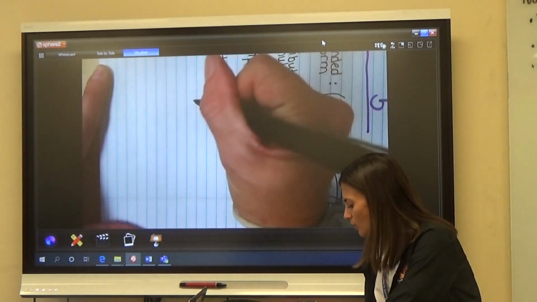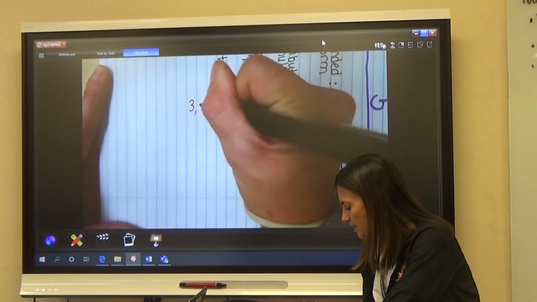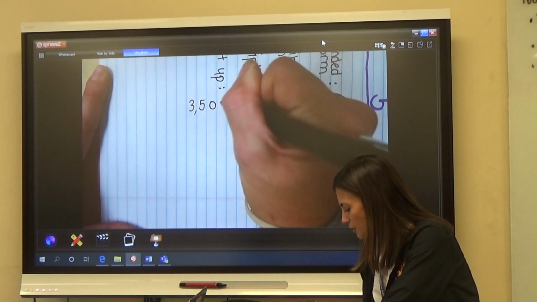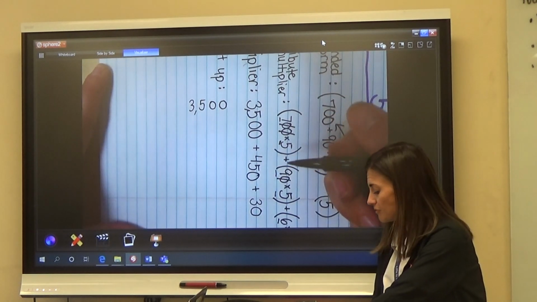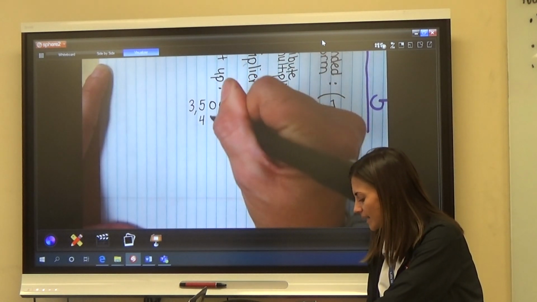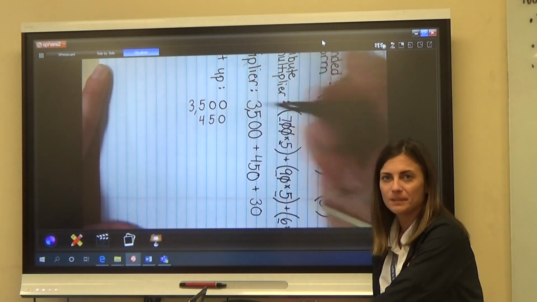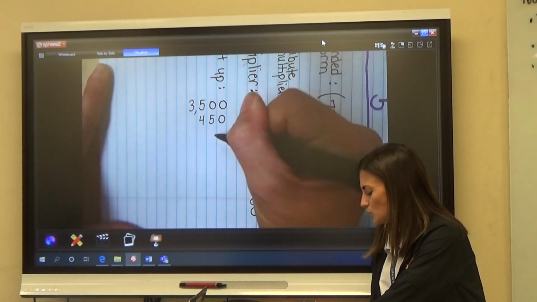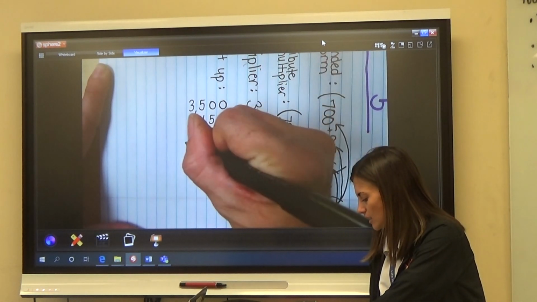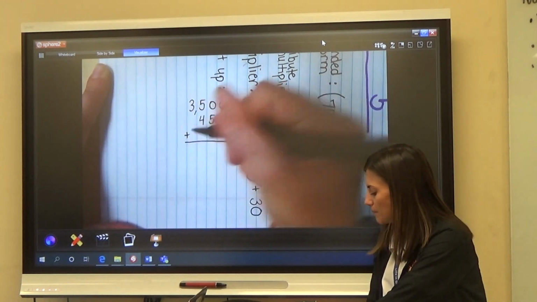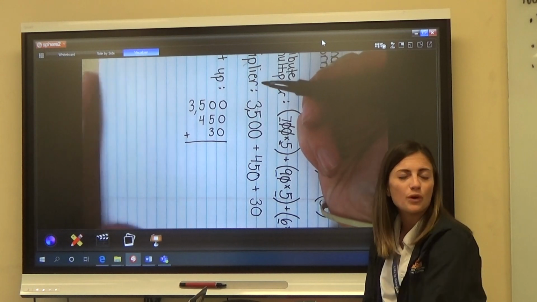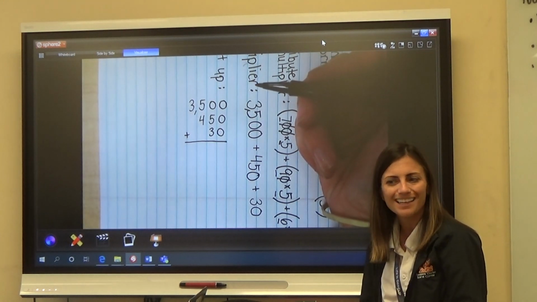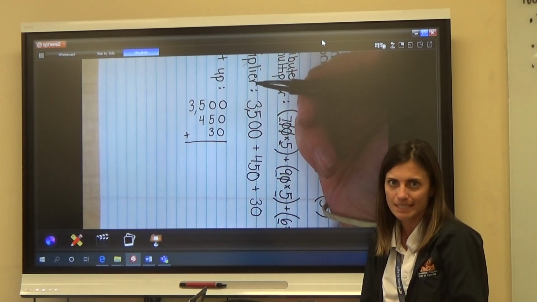So I'm going to start with 3,500. That was my first value. 450 was next, so I keep that in line with my ones place. And last was 30. Notice how each of my blue lines on my lined paper is separating a place value. So I know I've lined it up perfectly and I'm not going to make any silly adding mistakes.